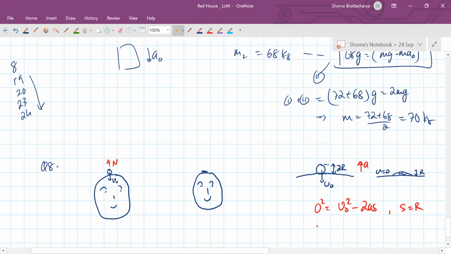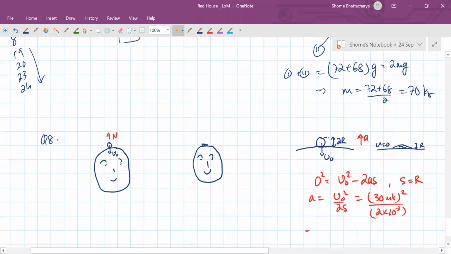The deceleration is v naught squared by 2s, which is 30 meters per second whole squared divided by 2 into the radius, which is 1 millimeter, so 10 raised to the power minus 3.